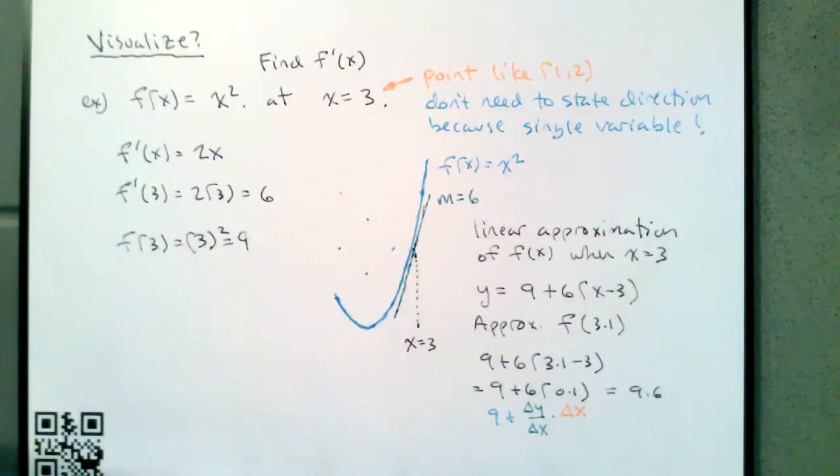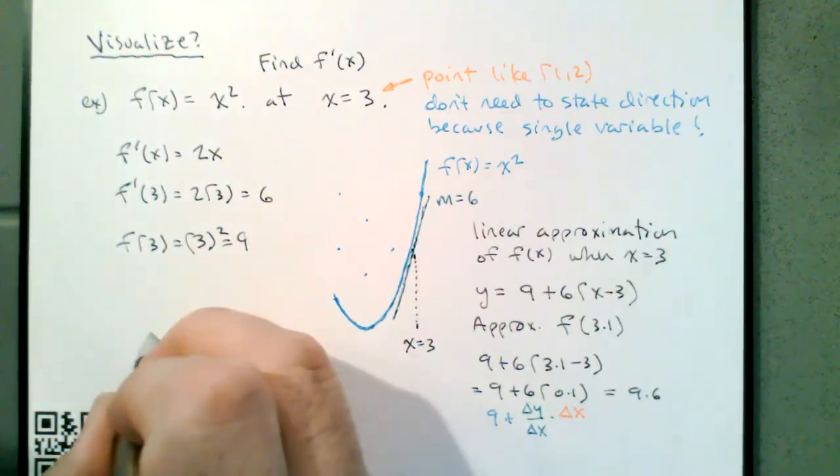We want to make sure that we understand this with these two-dimensional gradients when we're just looking at directions in a plane, because eventually we're going to apply this to functions of 3 variables, and we're going to need to look at gradients in space. That's up next, gradients in space.